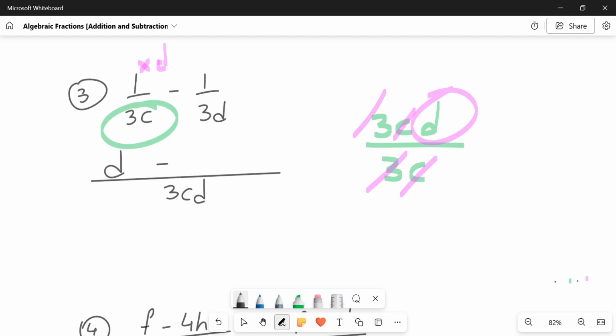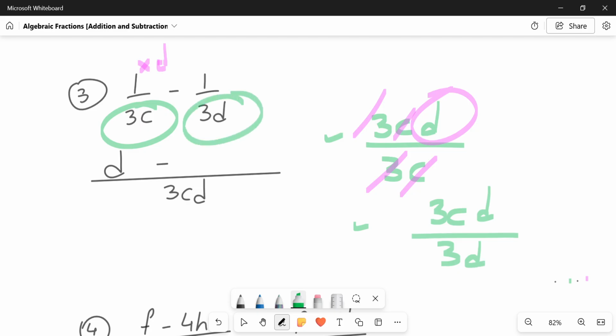Okay, now minus sign, and then again this 3CD. This one was the first one. Now the second one, 3CD, this is the LCM answer, divided by 3D. Why 3D? Because we're solving the second fraction.